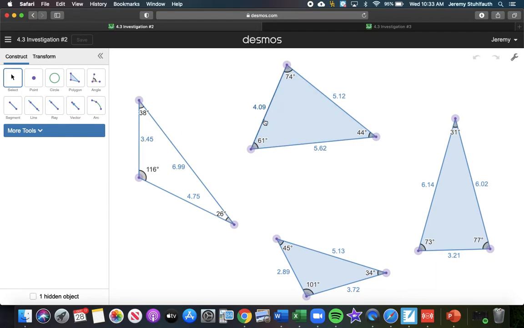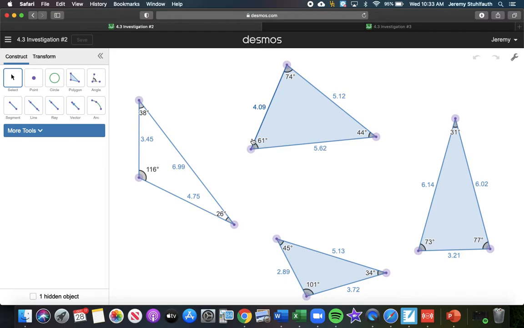Then you'd notice that the side across from 44 over here is 4.09. The side across from the 61-degree angle is 5.12. The side across from the 74-degree angle is 5.62. So if we were to list these out, I'm going to draw one of these in my notes.